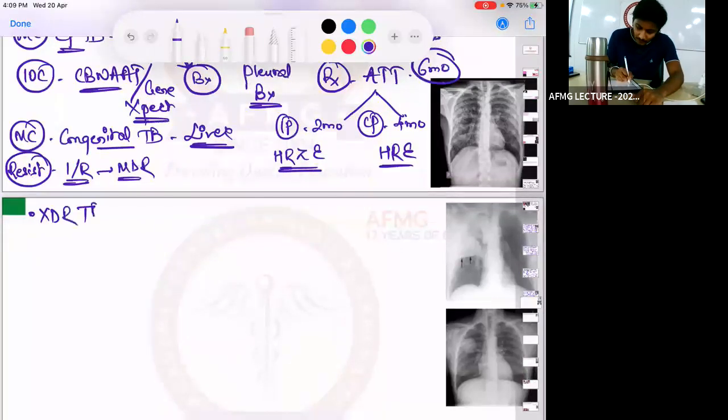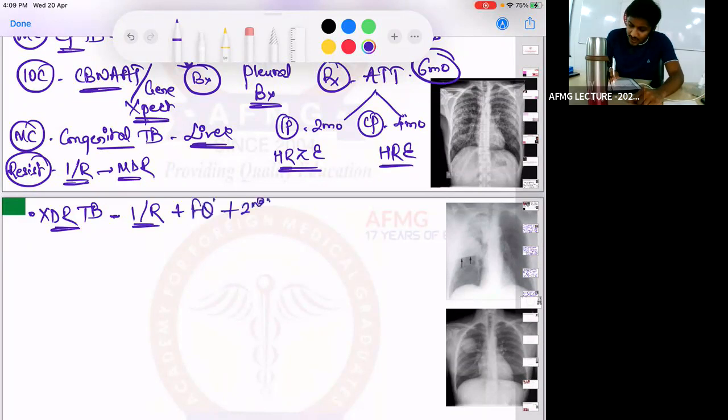When do we say XDR TB? It is extensively, not extreme, drug resistant TB. When there is resistance to isoniazid and rifampicin plus fluoroquinolone plus a second line injectable like amikacin, capreomycin, kanamycin. Not streptomycin.